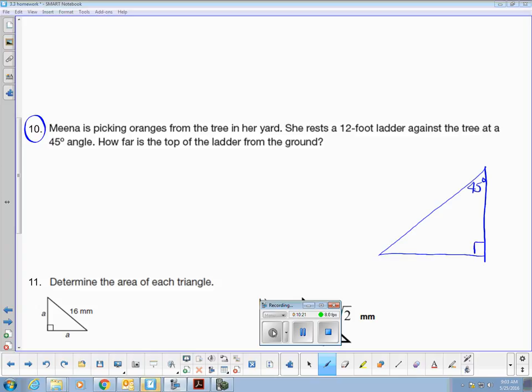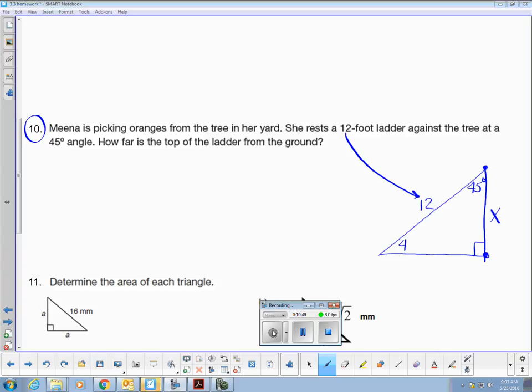So I begin by drawing a right triangle, and I know that the ladder is 12 feet long. The number 12 represents the ladder that she leans up against the tree. The question is how far is the top of the ladder to the ground? We're going to call that x.